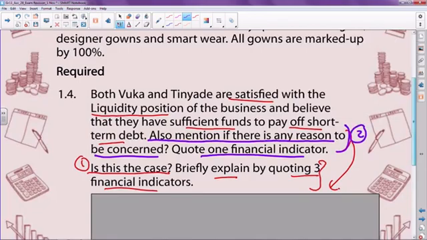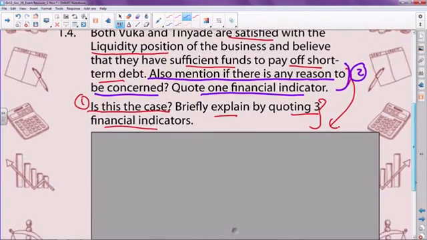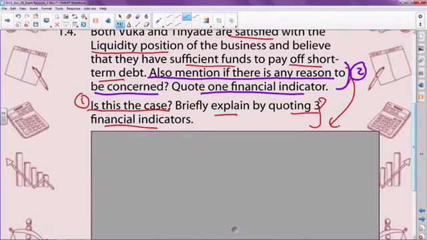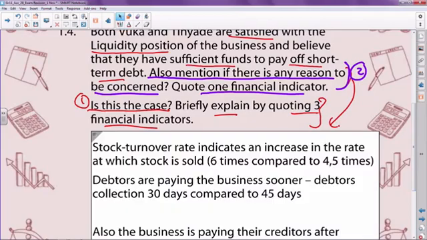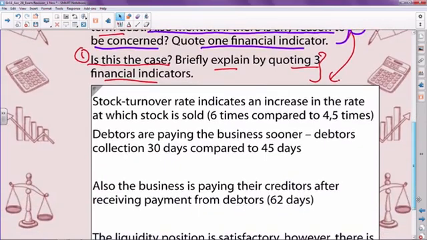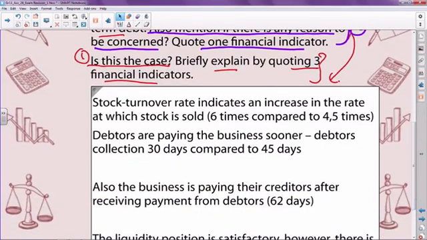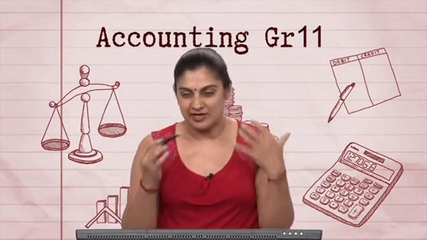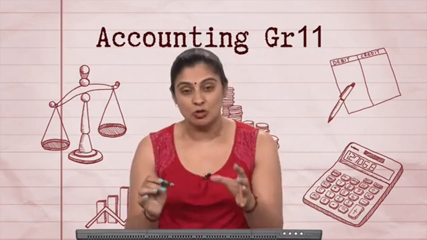I'm probably not going to have time to go to the information, so let's go straight to the answer. Now remember, here we're obviously looking at liquidity. Very important. You were given a table of ratios, and those ratios represent various categories: profitability, cost efficiency, liquidity, solvency, return, risk.